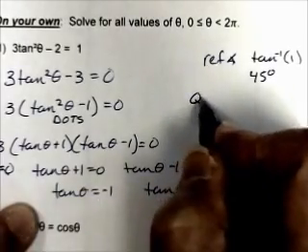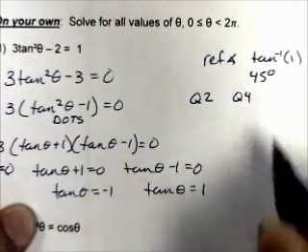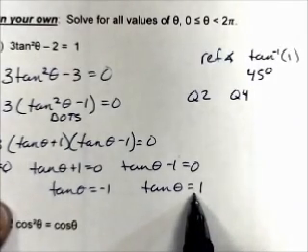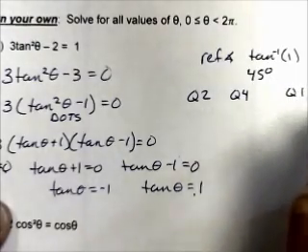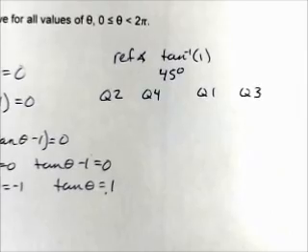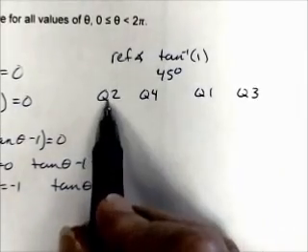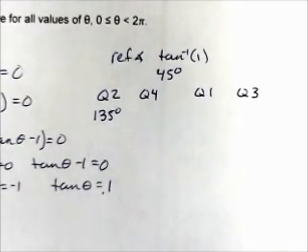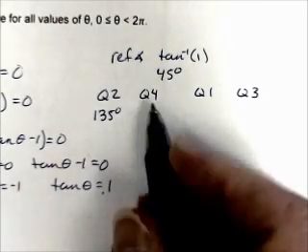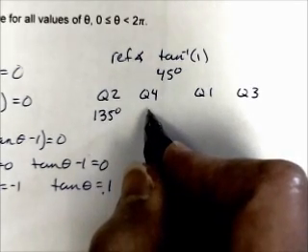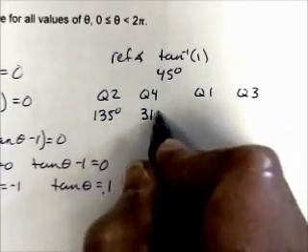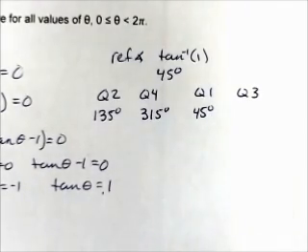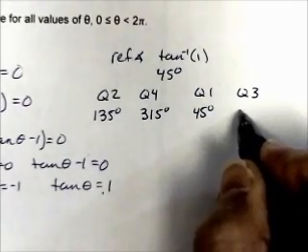Quadrants 2 and 4, and tangent is positive, or positive 1, in quadrants 1 and 3. Okay, so a 45 reference angle in quadrant 2 would be equivalent to a 135-degree angle. In quadrant 4, that would be 360 minus 45, which is 315. In quadrant 1, it would be its own angle. And in quadrant 3, it would be 180 plus 45, which is 225.